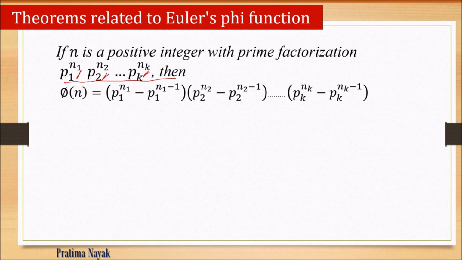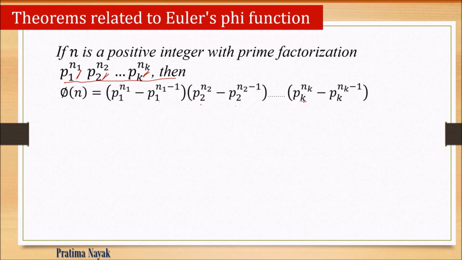So it will be p1 power n1 minus p1 power n1 minus 1, and individually for p2 power n2 minus p2 power n2 minus 1, up to pk power nk minus pk power nk minus 1.